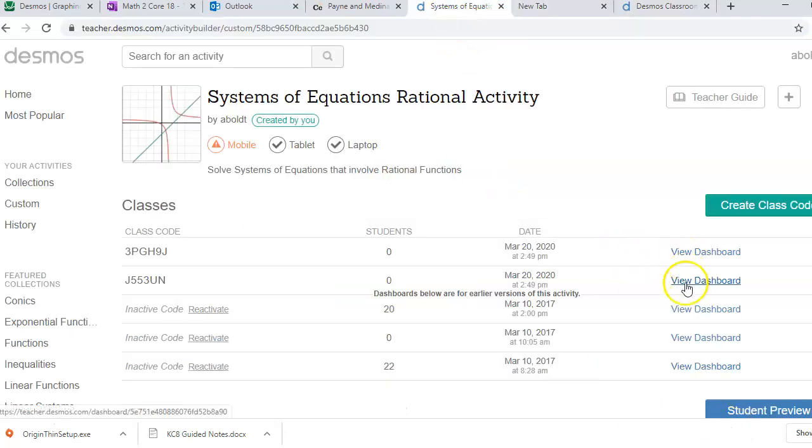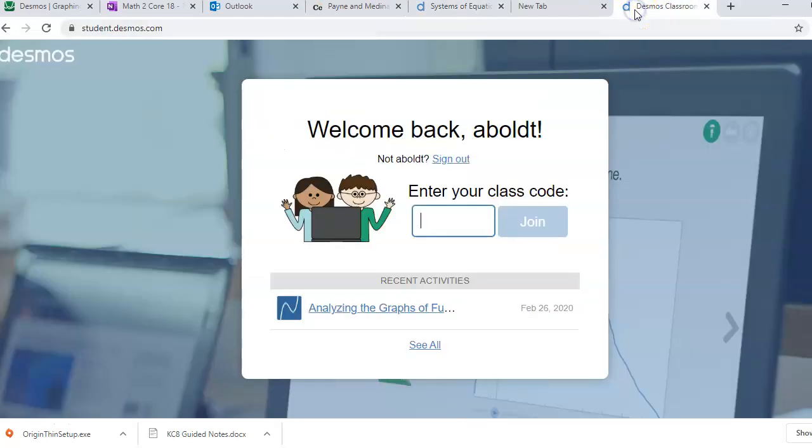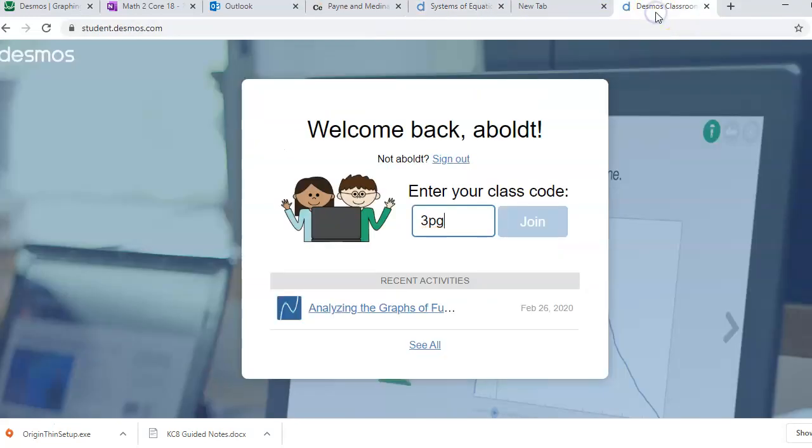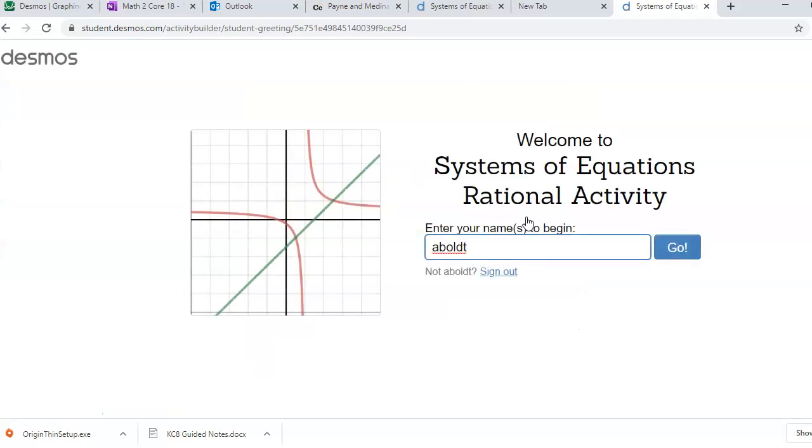You'll have one of these two codes. I believe this is first period, this is second period. I'll type in the first period one. They're on the website, so you know which one to click. Enter your name.